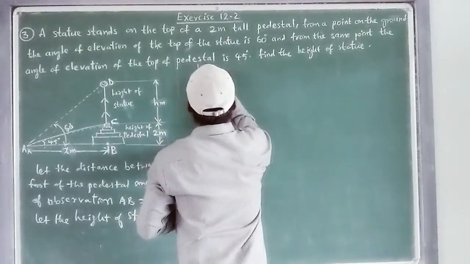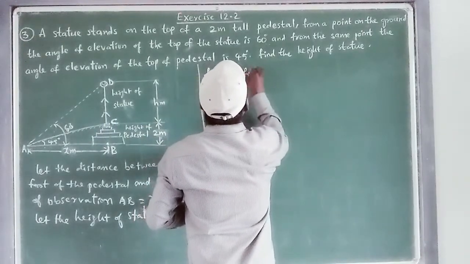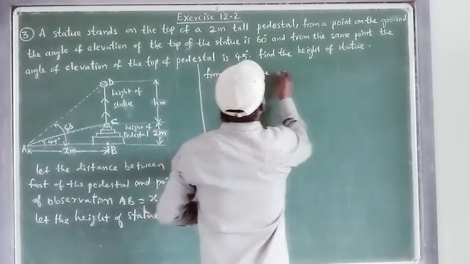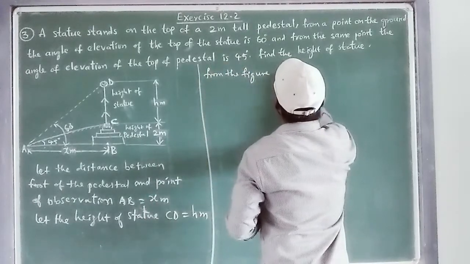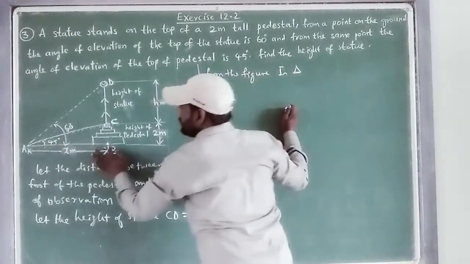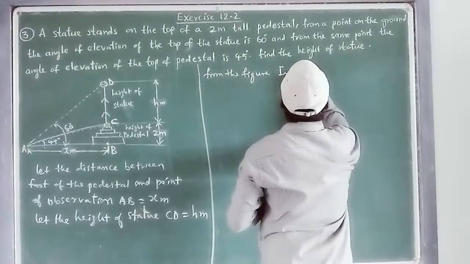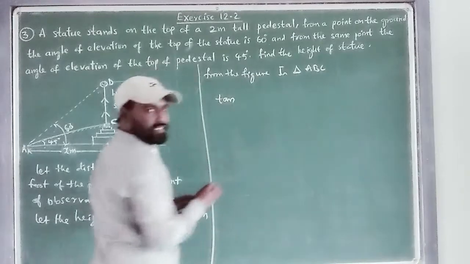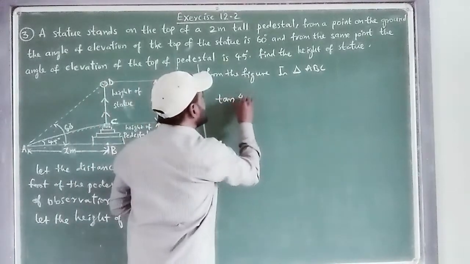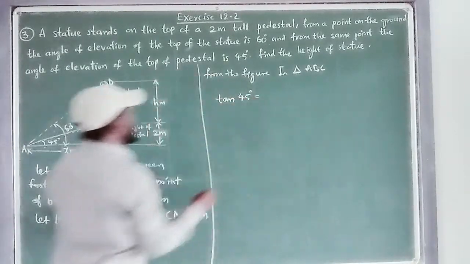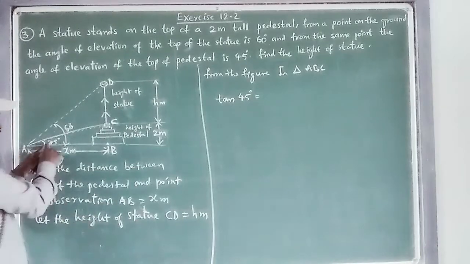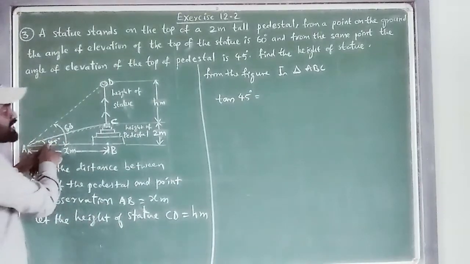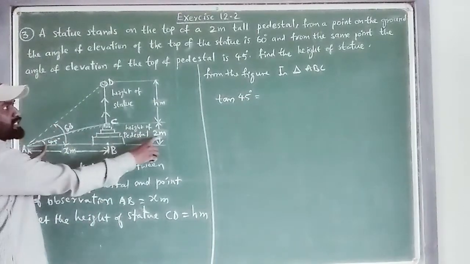From the figure, in triangle ABC, I am applying the trigonometric ratio tan 45. Tan 45 degrees, with respect to this angle, this is the opposite side, right?